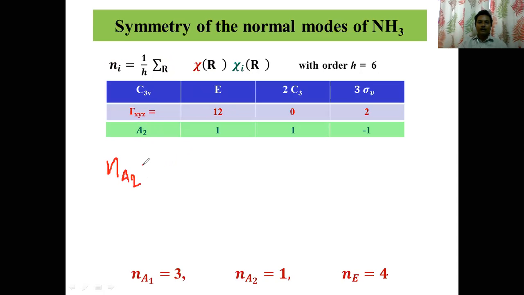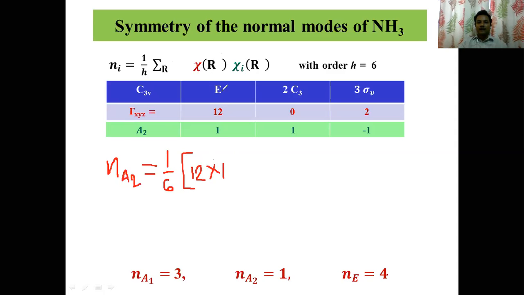How do we do this? This is 1 by the order of the group, that is going to be 6. Now for identity, when the operation R is identity, I take the character, which is going to be 12, and then this is the character for the irreducible representation A2 here, which is multiplied with 1, right?